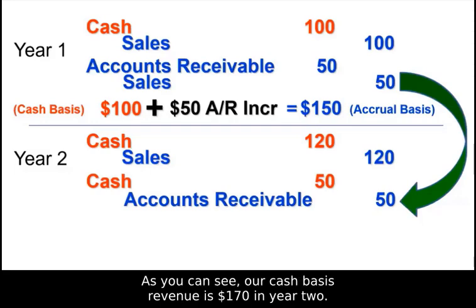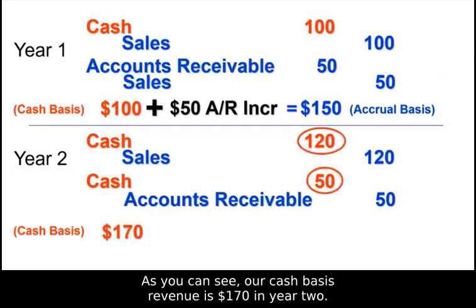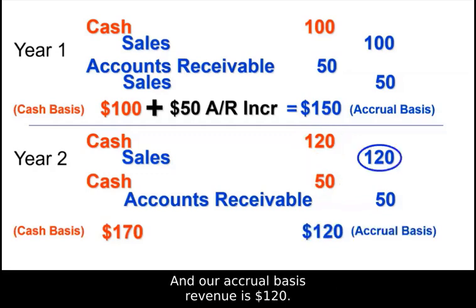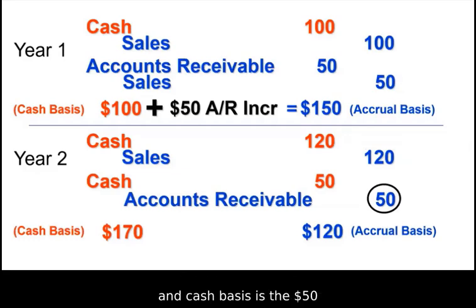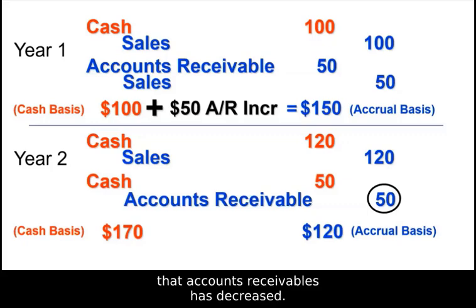As you can see, our cash basis revenue is $170 in year 2, and our accrual basis revenue is $120. Notice that the only difference between accrual basis and cash basis is the $50 that accounts receivable has decreased.